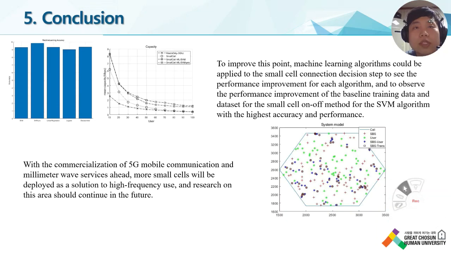To solve this problem, we checked the performance improvement of each algorithm by applying machine learning to the small cell connection decision step, and double training on the SVM algorithm with high accuracy and performance showed a high performance improvement.